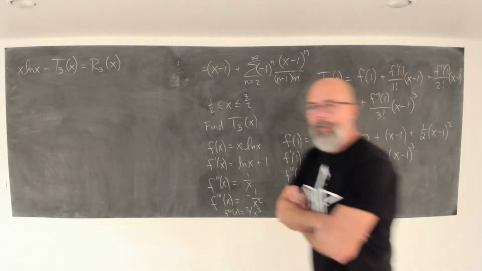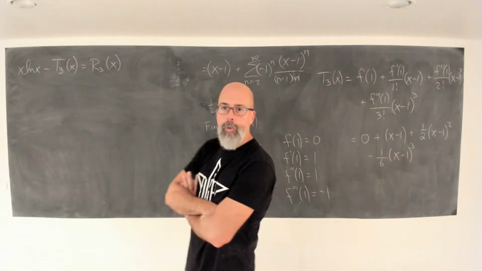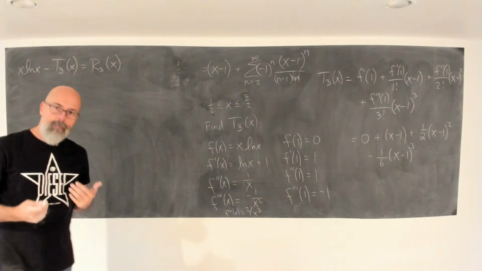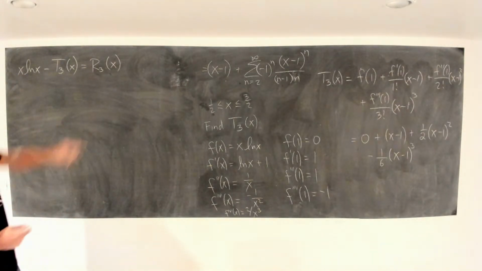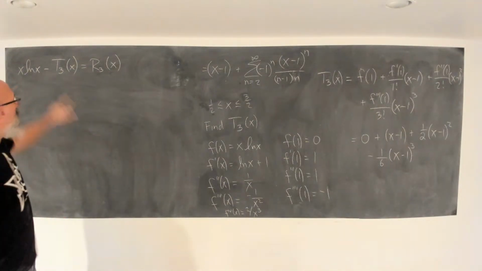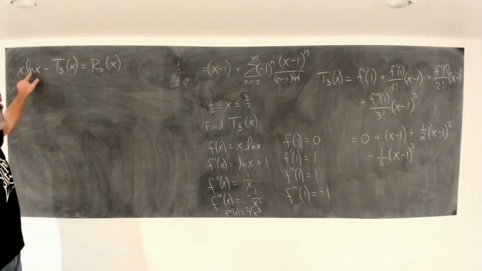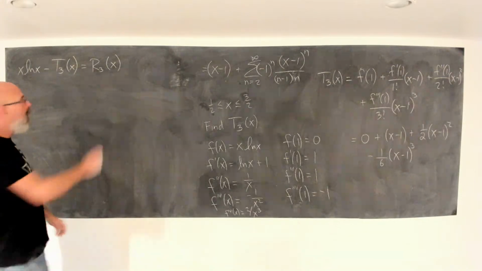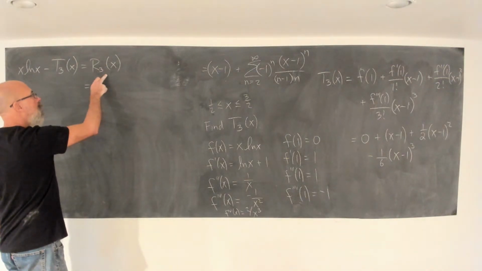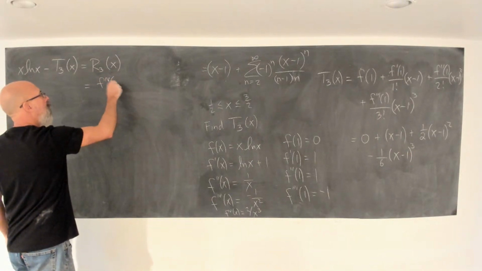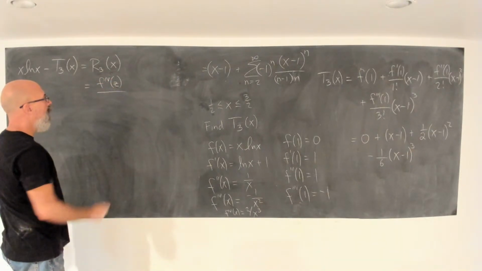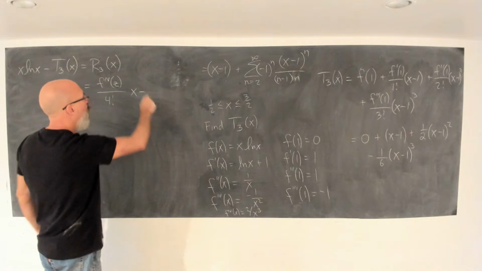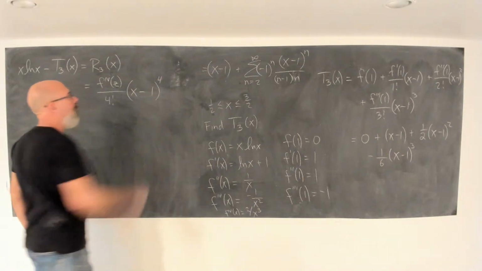We need to be given an upper bound. You don't need to be given an upper bound. You need to give me an upper bound. And that's where the remainder comes in, right? The difference between these two things is the remainder. And now the Lagrange remainder theorem tells us that this is the fourth derivative evaluated at some value z over 4 factorial times x minus 1 to the 4th.